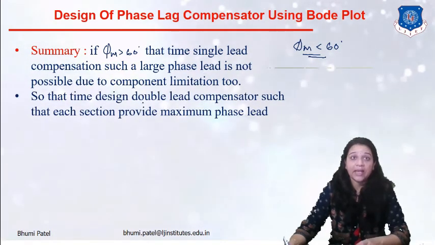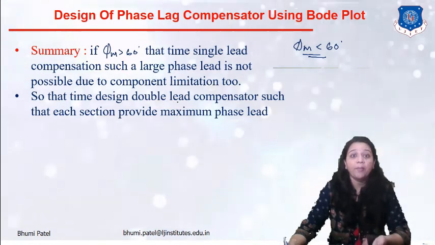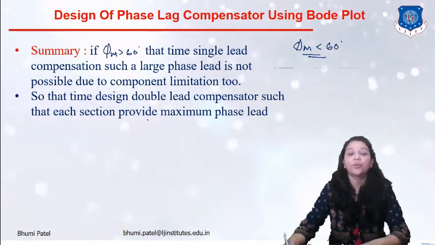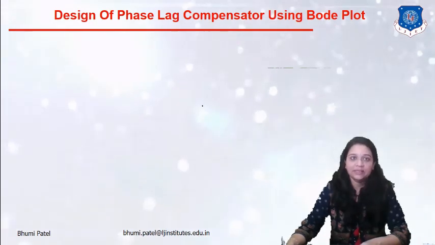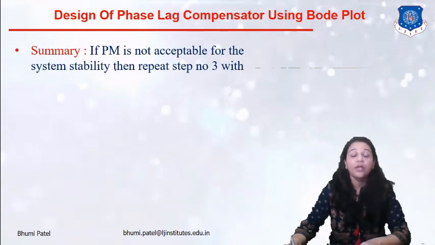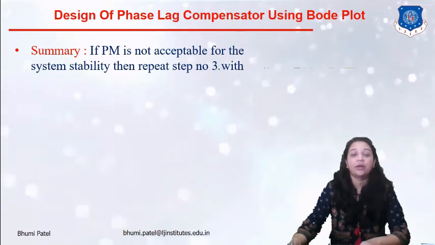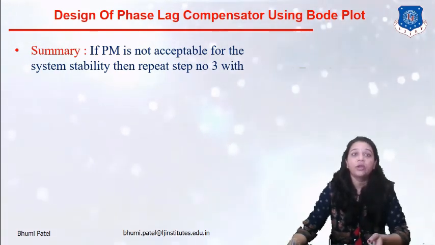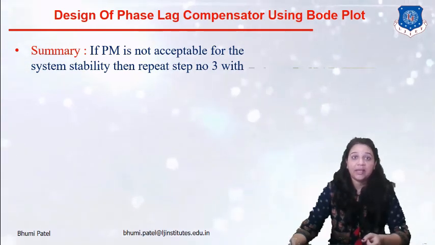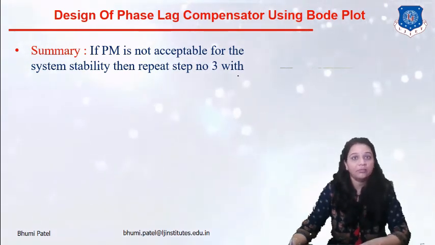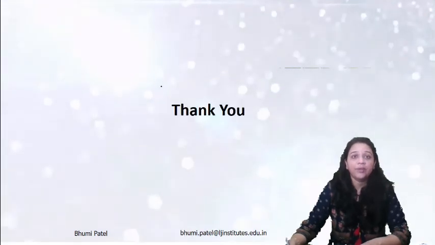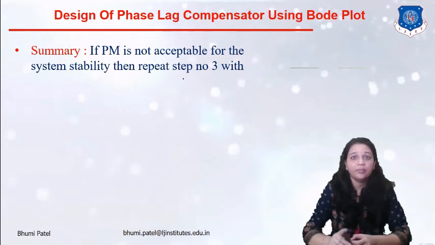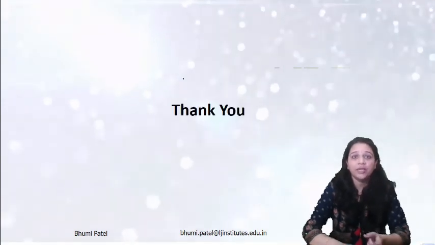In that case, we have to design a double lead compensator such that each section provides the maximum phase lead. If Pm is not acceptable, as found in the previous rule for system stability, then we have to repeat step number 3 with the new Pm. Clear? So this is the phase lead compensator using the Bode plot.